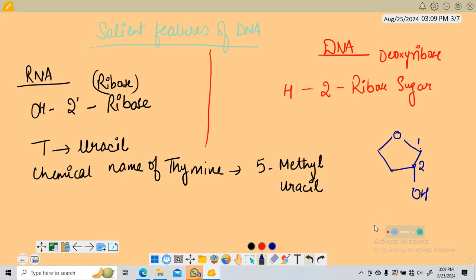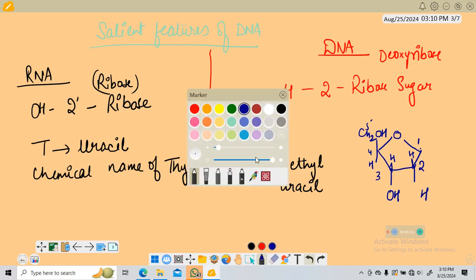Okay, and then third, here we have OH. This will be H. Fourth carbon and fifth carbon, CH2OH, here H.